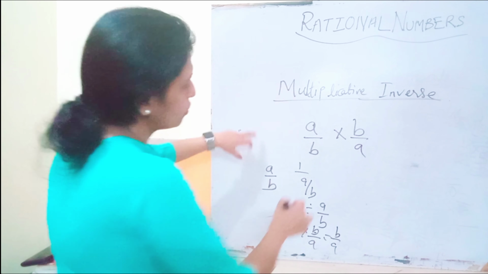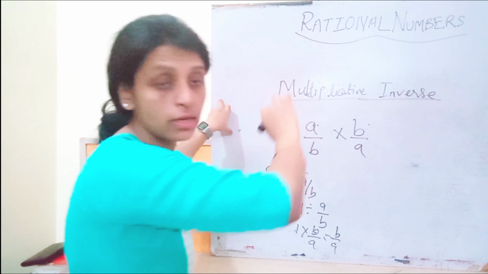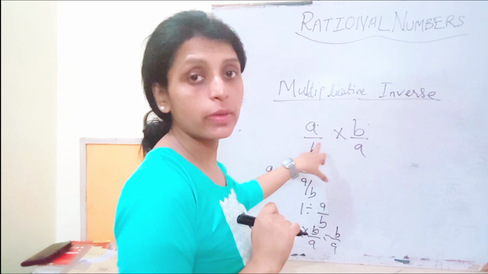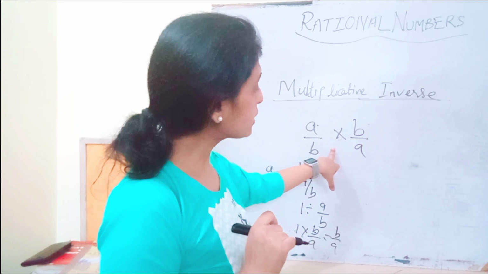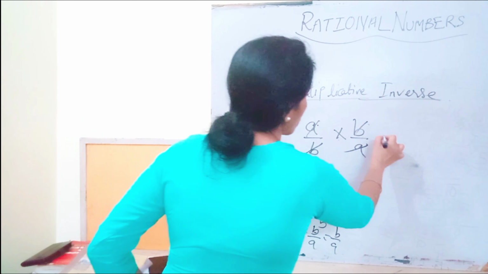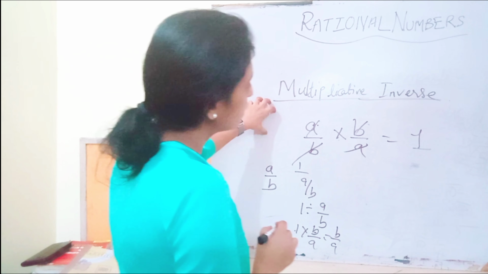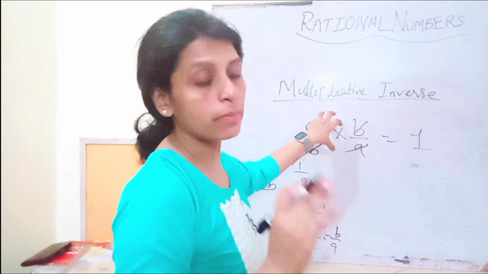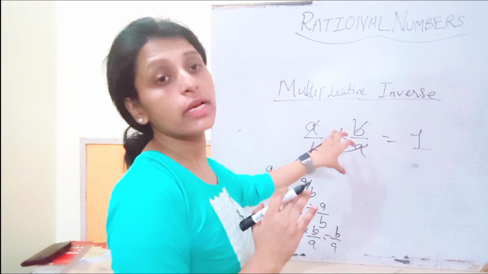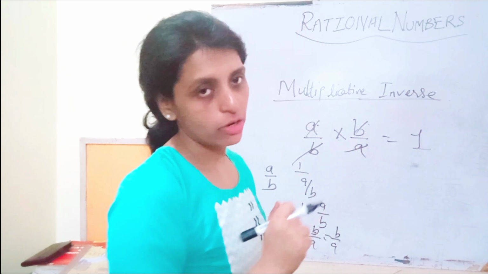Okay, so when any rational number is multiplied by its reciprocal, the answer is always 1. Okay, so the multiplicative inverse of any rational number is the reciprocal of that particular rational number.